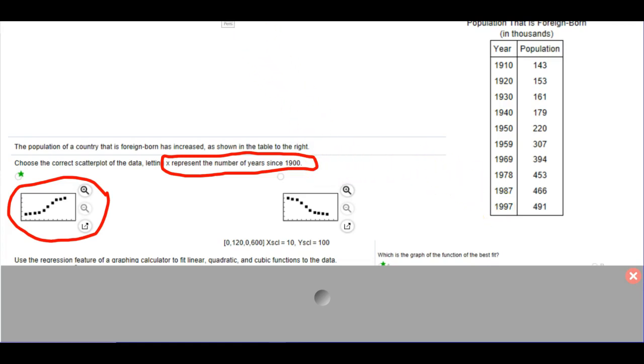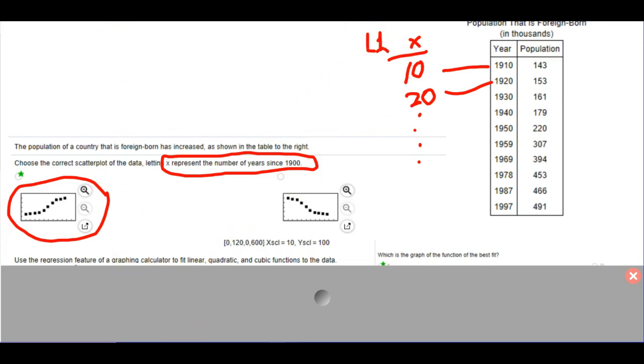So for instance, for 1910, if X represents the number of years since 1900, my X going into L1 is going to be 10, since 1910 is 10 years since 1900. For 1920, that's 20 years since 1900, and so on and so on. So that's what we're putting into our L1 right now.